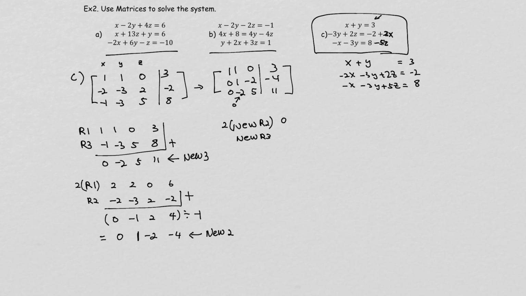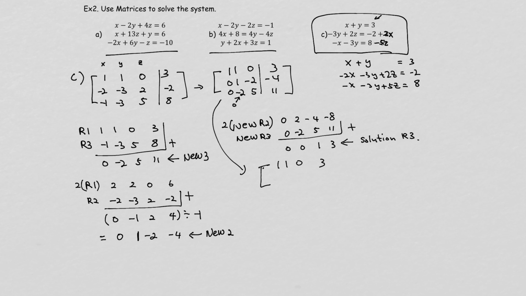So that gets 0, 2, -4, and -8. New row 3 is 0, -2, 5, and 11. When you add them up, you will get 0, 0, 1, and 3. So this becomes your solution row 3. So when you write the solution row 3 after that, you have 1, 1, 0, 3, 0, 1, -2, -4, and 0, 0, 1, 3.